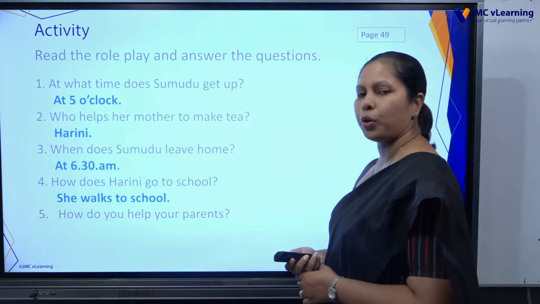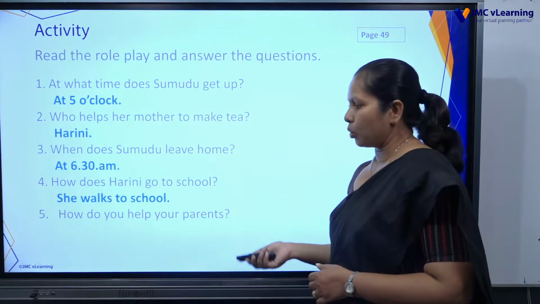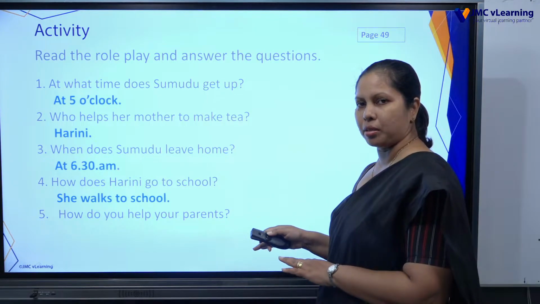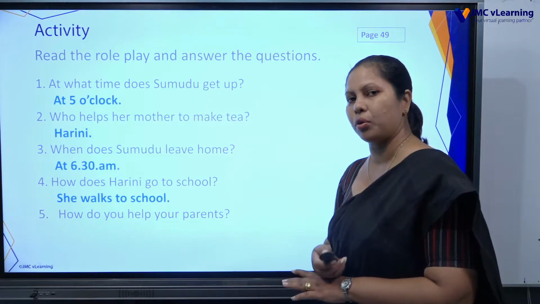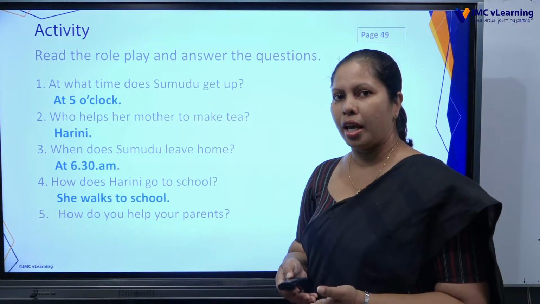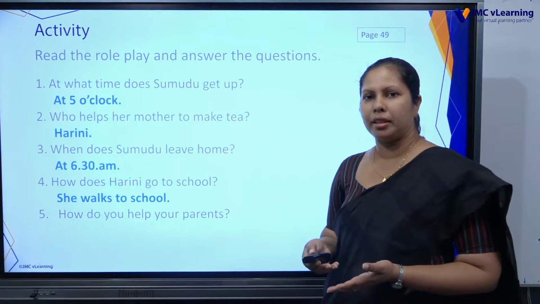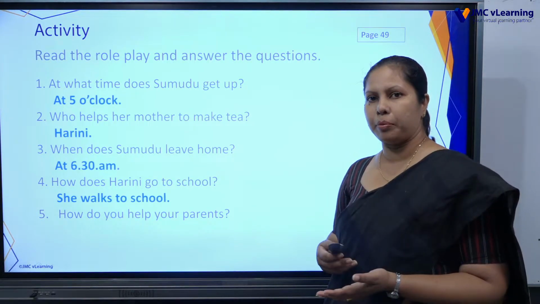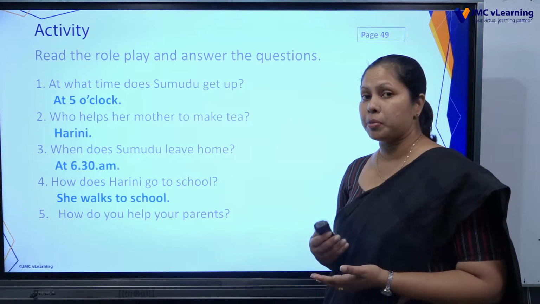How do you help your parents? This I am going to leave to you to answer because they are asking how you are helping your parents. In the role play, Harini says that she helps her mother to peel the onions and the father helps to scrape the coconut. Then Harini helps her mother to pour the tea.